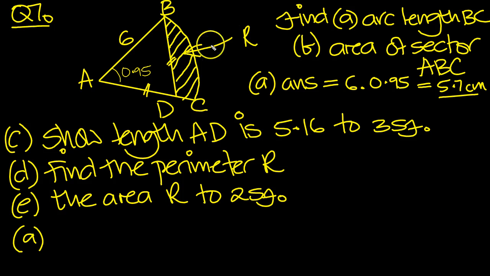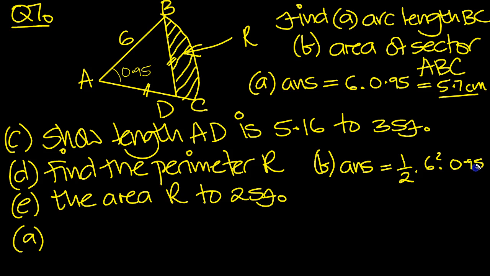So let's put the answer down here. Answer equals a half r squared, so that's 6 squared, times theta, which is 0.95, which is 19 over 20. So you've got 36 over 2 here, and this is 19 over 20. We could work it out by hand rather than use a calculator.